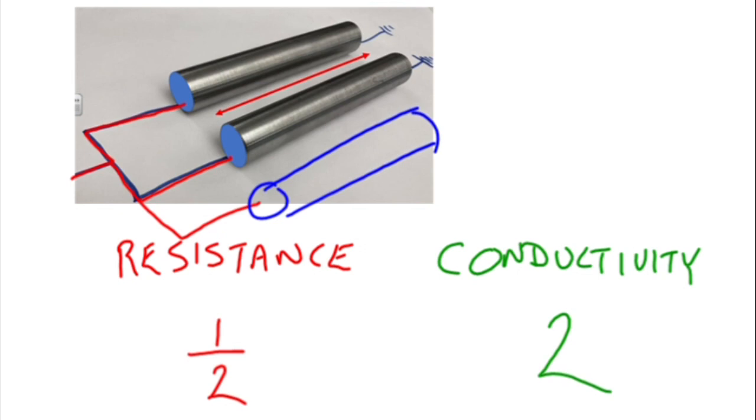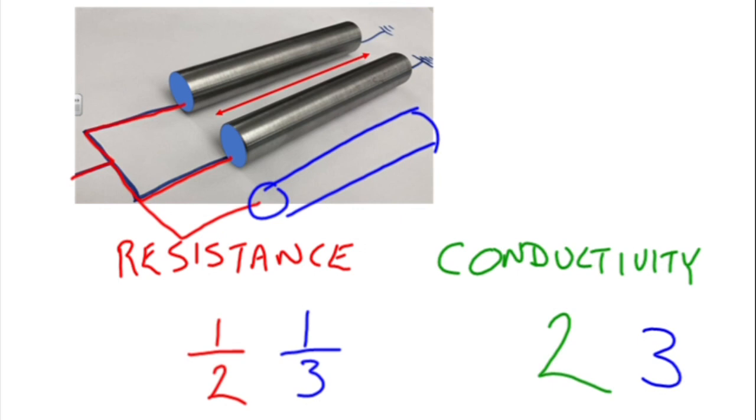My resistance would now be 1/3 of what it would be if I only had one resistor. All right, so I've reduced the resistance, but I now have 3 pathways for the current to flow through. So conductivity is now 3 times as great as it was.